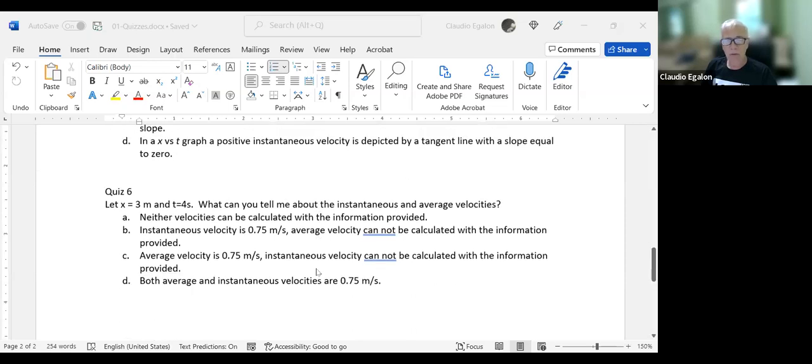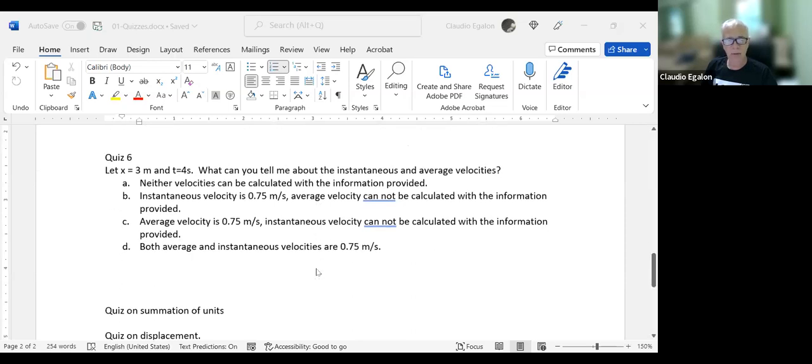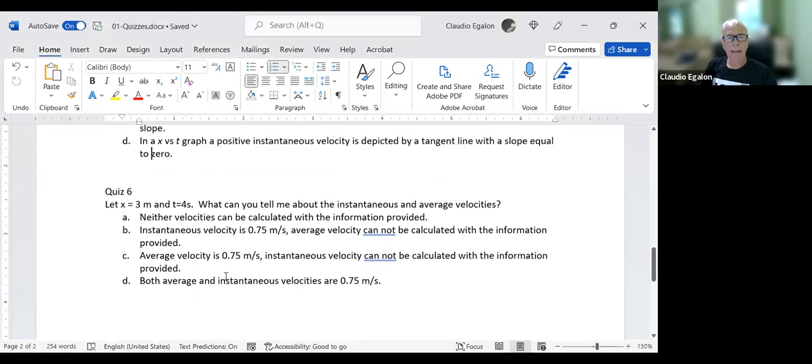So let's see, let's go for quiz number 6. Okay, 11:33, right? Let x be 3 meters and t be 4 seconds. What can you tell me about the instantaneous and average velocities?